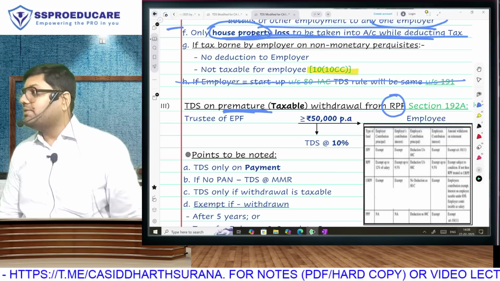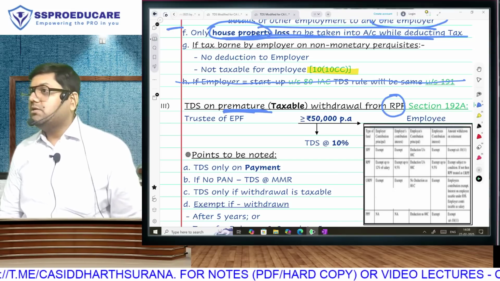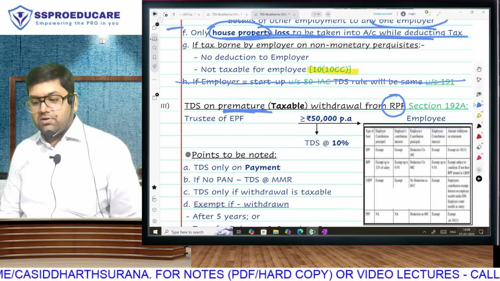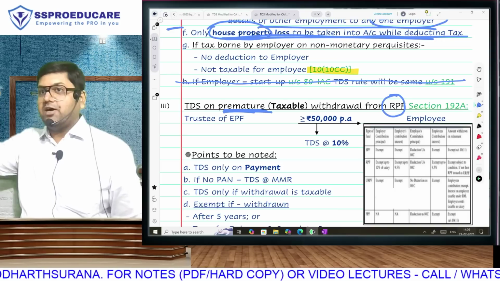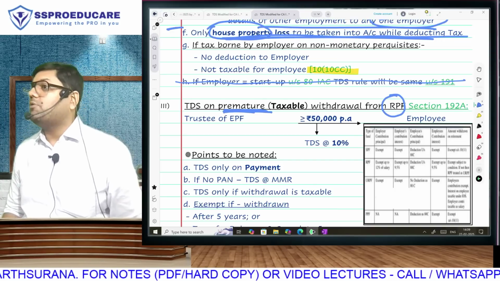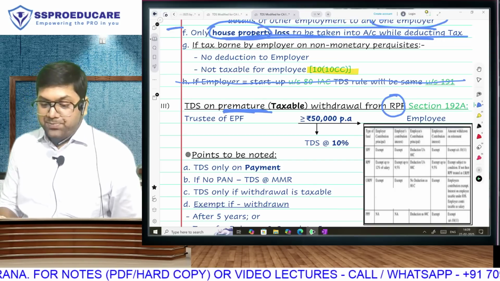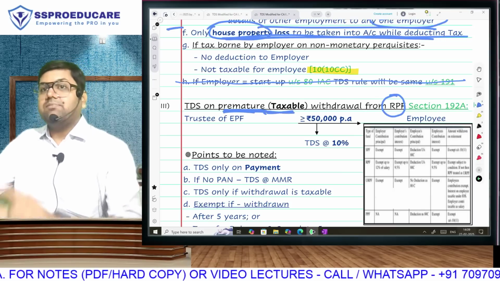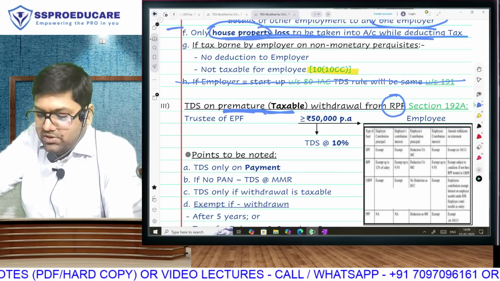Otherwise, RPF maturity is going to be taxable. Go check the table that we studied in salary chapter: 4 columns, SPF, RPF, URPF, PPF. Maturity of RPF is exempt, but premature is taxable, and TDS can come only in those cases.